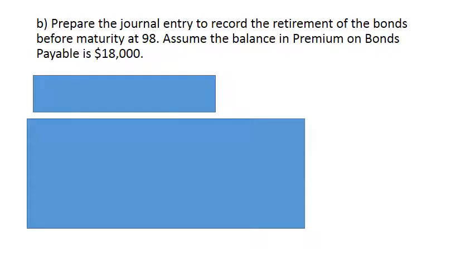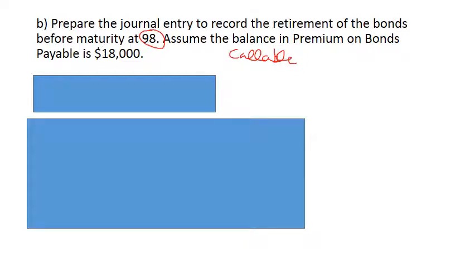All right, so now we're going to record the retirement of the bonds early. So these would have to be callable bonds because you would have to be able to buy them back early. So in this case, we're calling the bonds and we're buying them at 98.